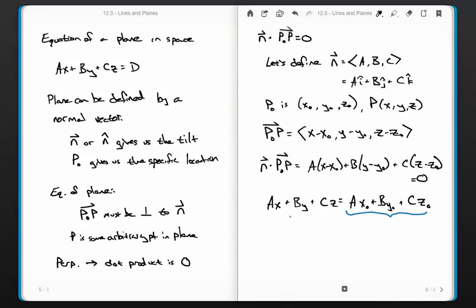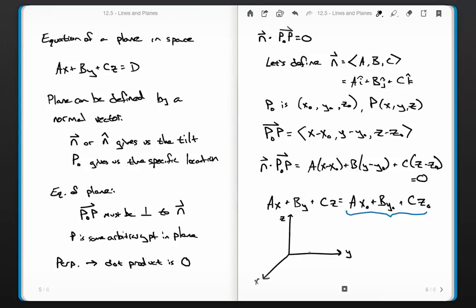If I draw this coordinate system like this, I think I called this y, and I called this x, and I called this z.